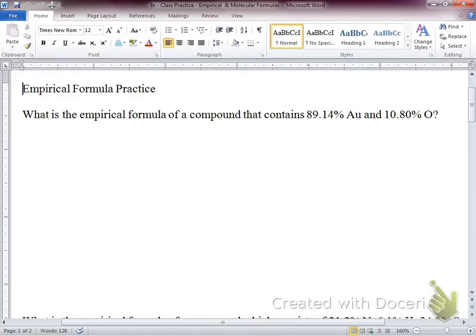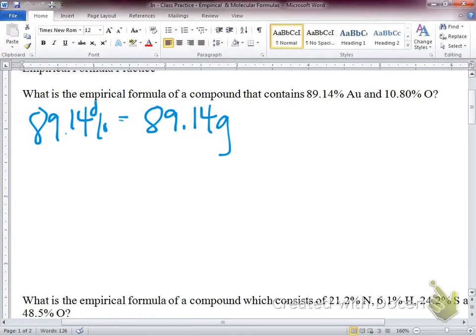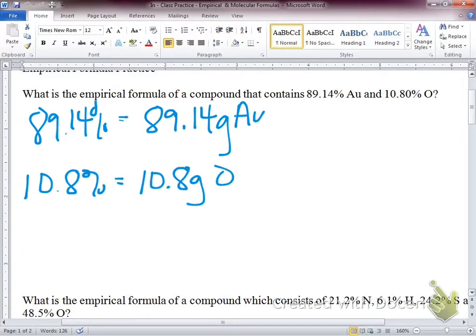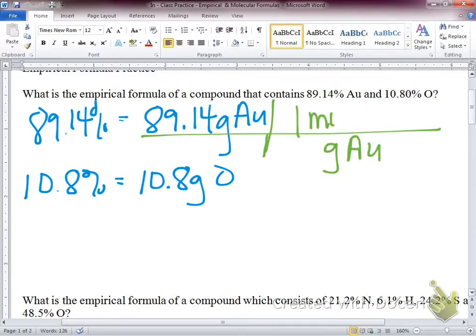And right from there you can go ahead and start converting to moles of each of these as I rewrite. Our molar mass of gold from the periodic table comes out to be 196.97.